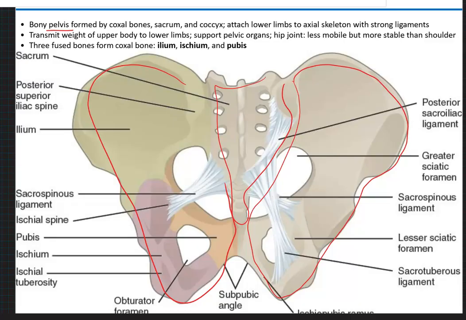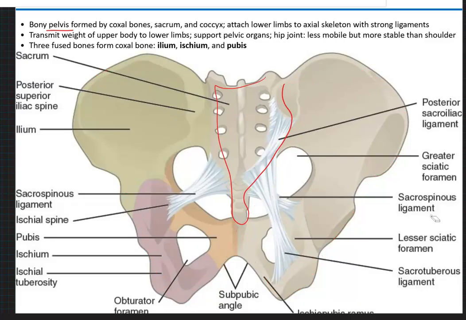So within the coxal bones, coxal bone can be presented as sort of a combination of three other bones.